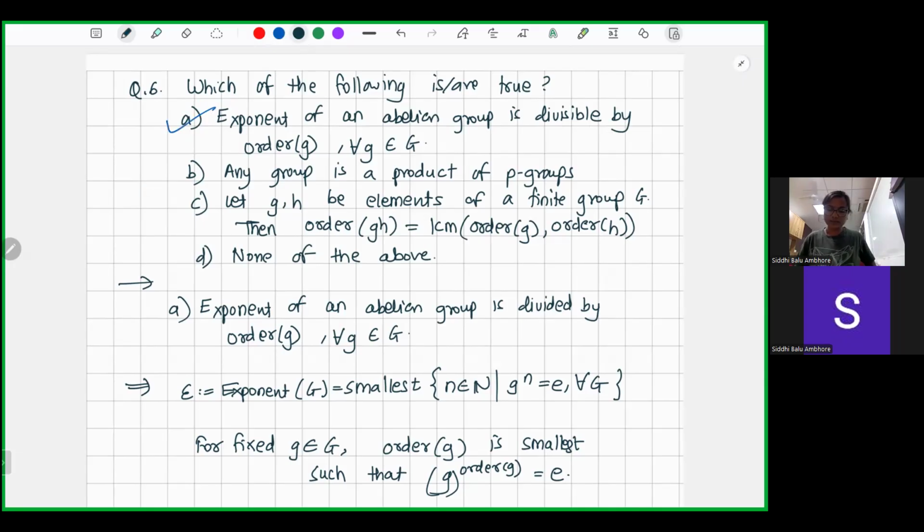Now the second option: any group G is a product of p-groups. So what are p-groups? A p-group is a group which has order a power of p.